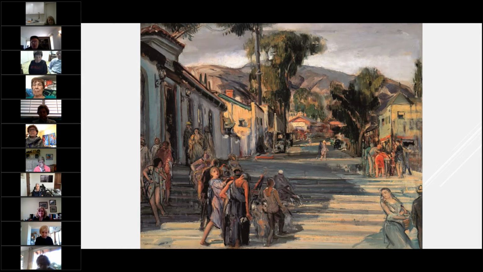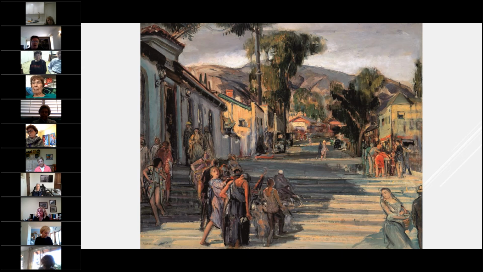So after Kleich comes back from Europe, you notice that this painting in particular, there's a kind of maybe not immediately so definable sense of modernism or modernity here that you don't see in his earlier work prior to his trip to Europe. 23, 24, 25 doesn't look like this.